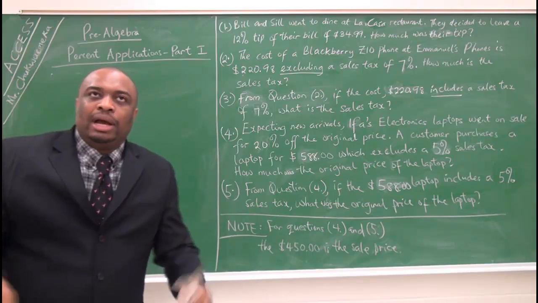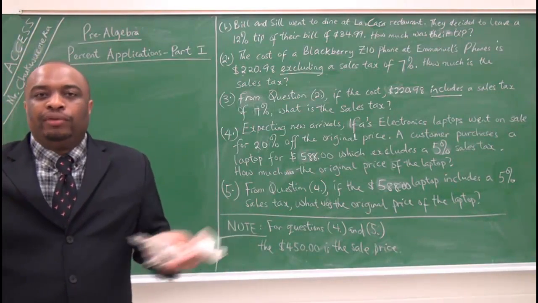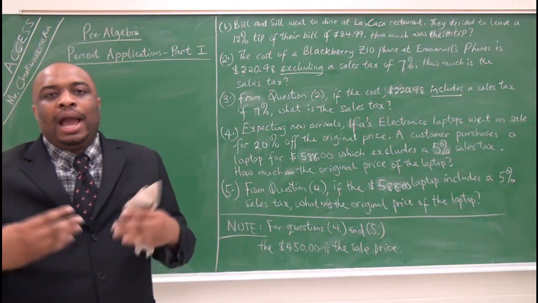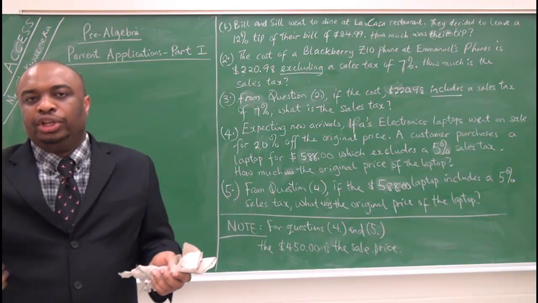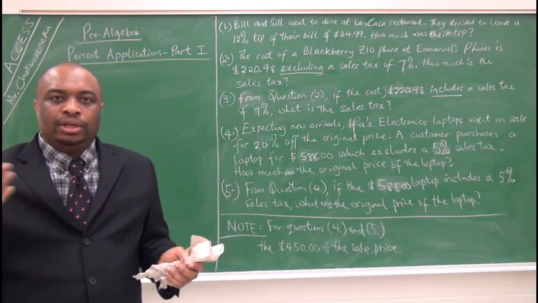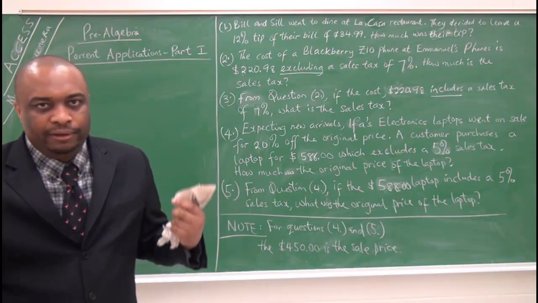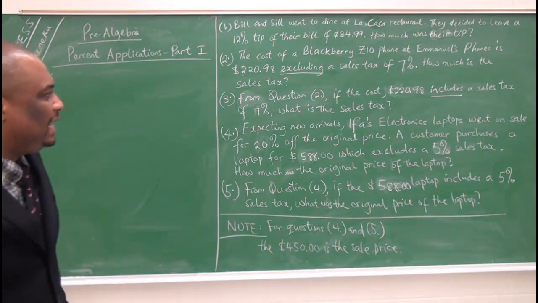So what we are going to do now is, we don't know the original price of the phone. And remember, what you don't know in mathematics, you assign a variable.